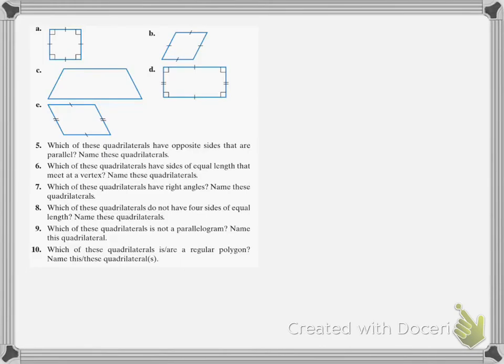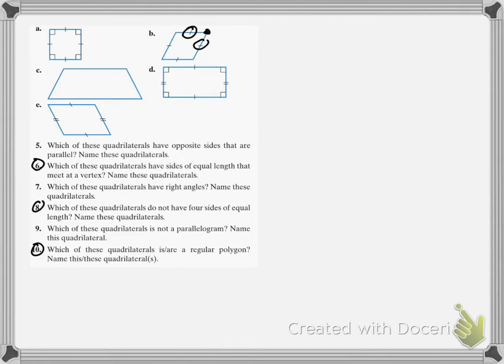Okay, let's do a problem from the homework. We'll do the evens here. We're going to do 6, 8, and 10. Which of these quadrilaterals have sides of equal length that meet at a vertex? Meaning these are two that have equal length and meet at that vertex right there.